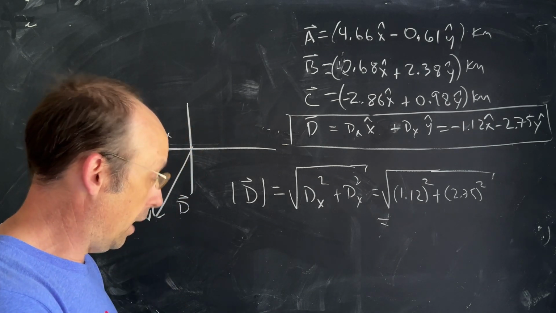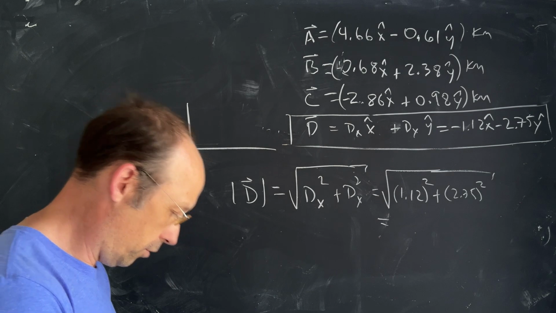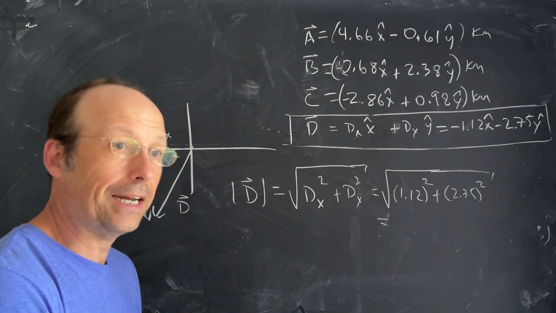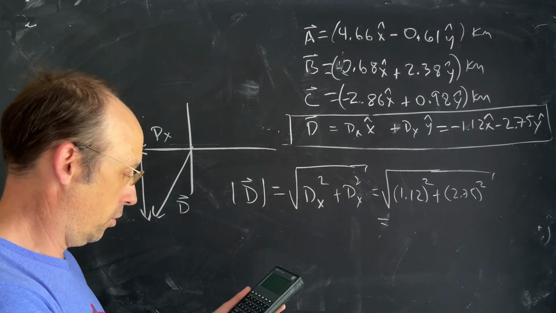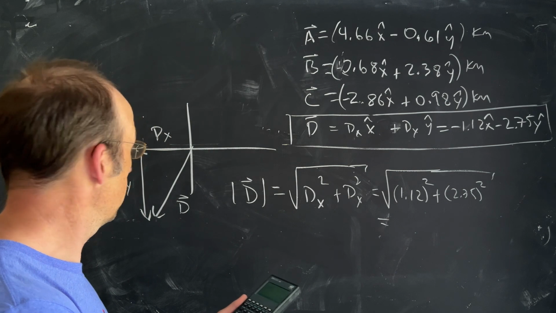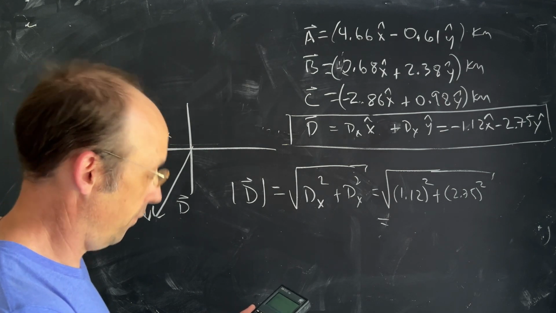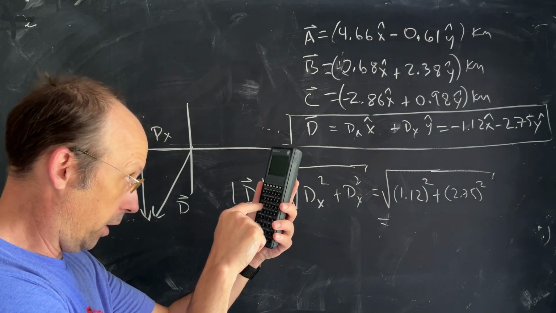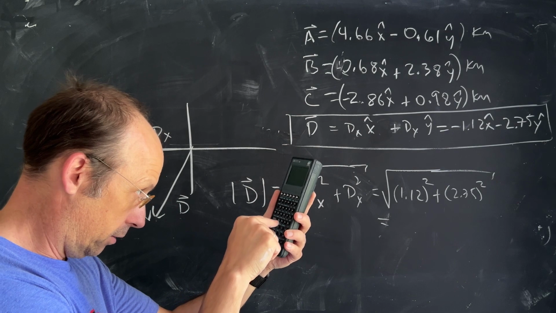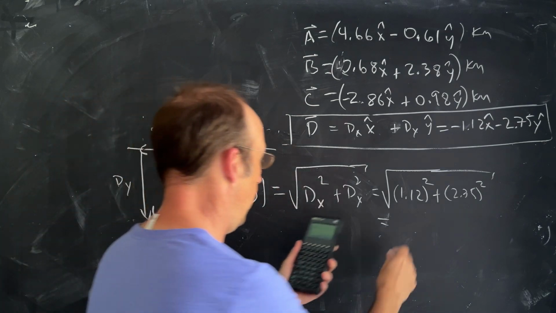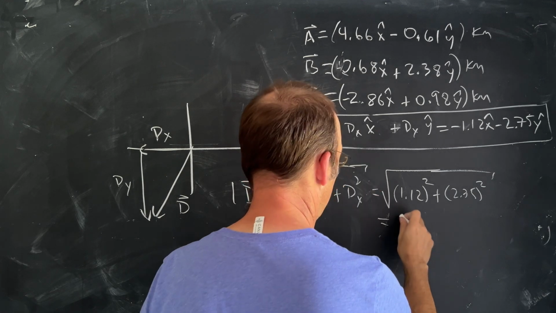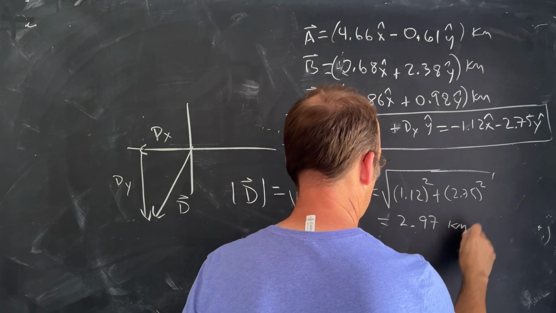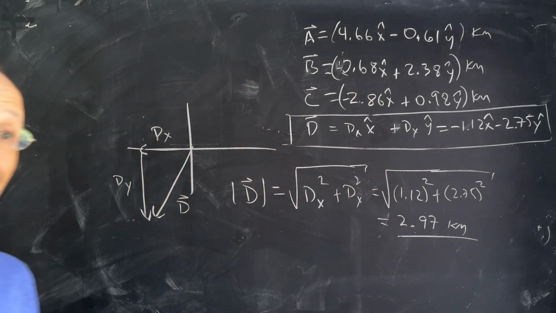Okay, so I get 1.12 squared. These buttons are so tiny. I said 2.75, right? 2.75 squared plus square root. I get 2.97. That's the length of the fence.